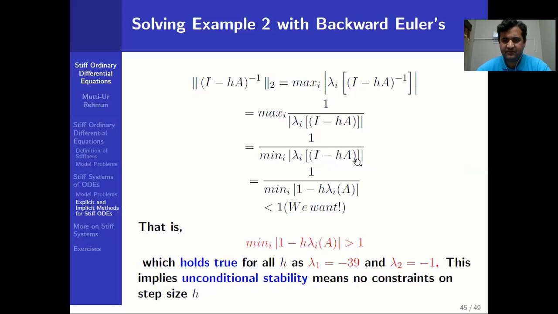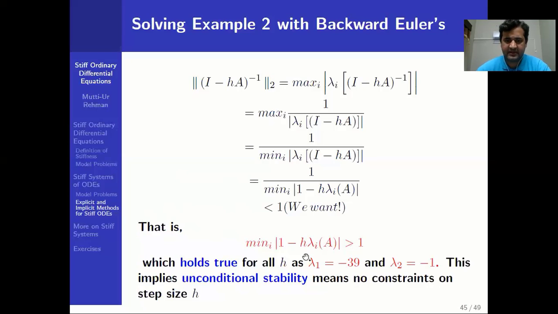And meaning the result from linear algebra is that if you have the eigenvalues of this polynomial expression, then it can be written as a polynomial expression of the eigenvalues of that matrix. Okay, and then I want this to be less than 1. In other words, you can say that this is strictly greater than 1.